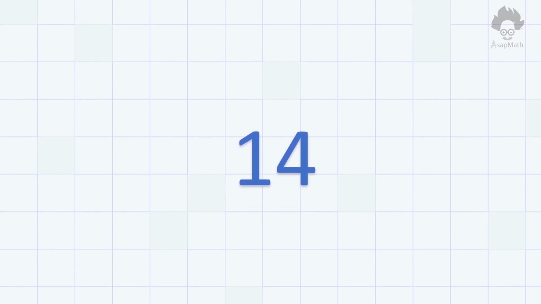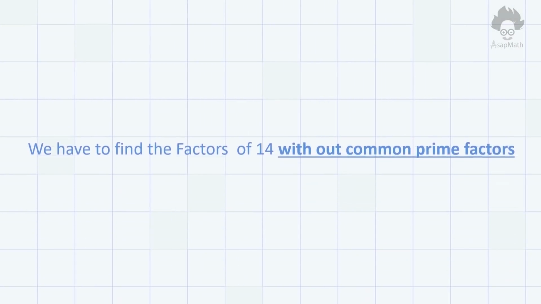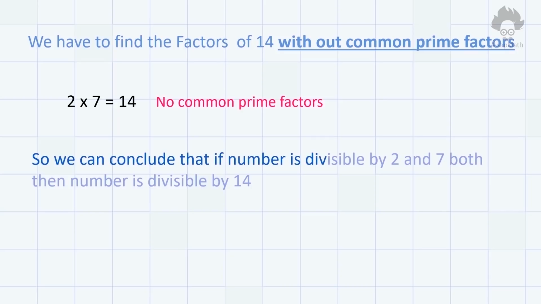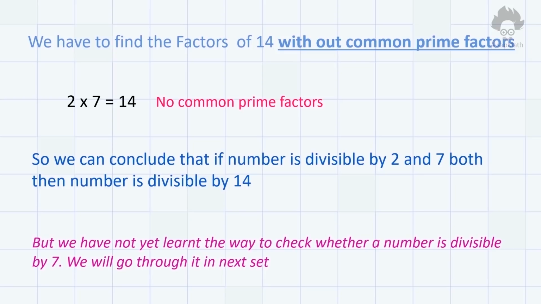The next number is 14. Here the factors to be considered are 2 and 7. So if a number is divisible by both 2 and 7, then the number is divisible by 14. But we didn't discuss yet how to find the divisibility of 7.